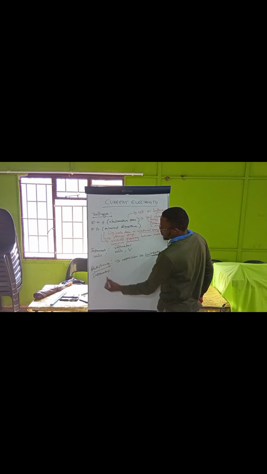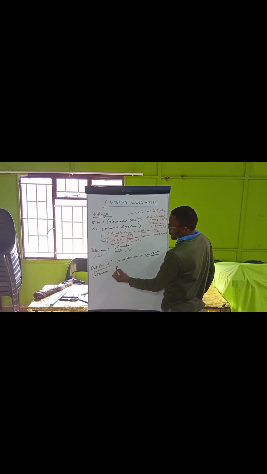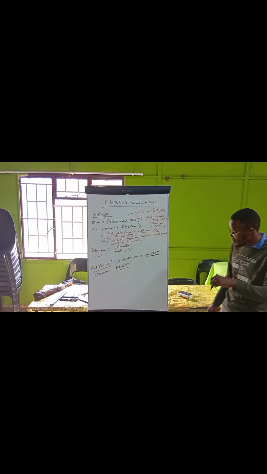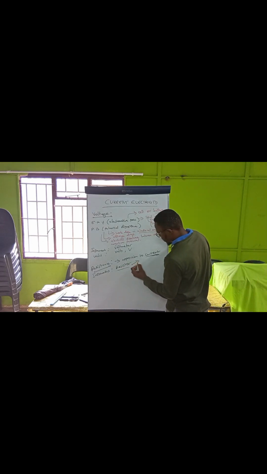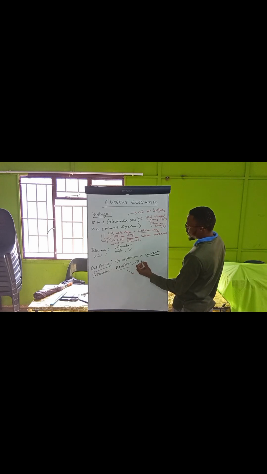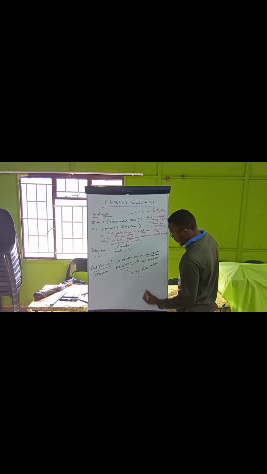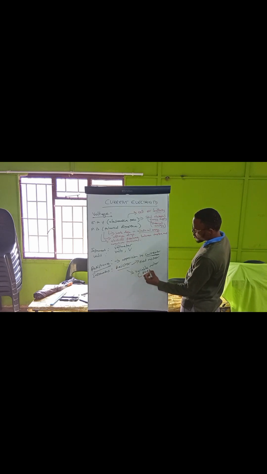Now, let's start by stating how we measure resistance, also the instruments. There are two types of resistors. You've got a fixed resistor, and then you also have a variable resistor. A variable resistor is also called a rheostat.